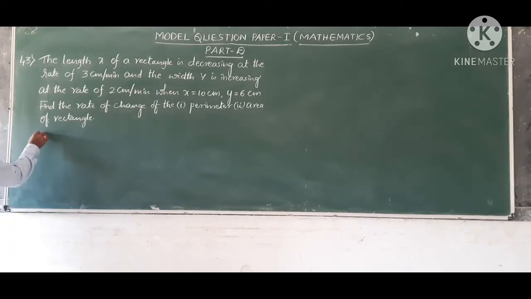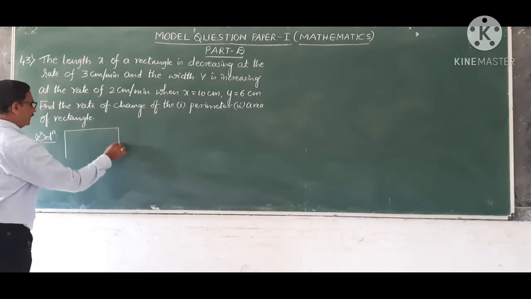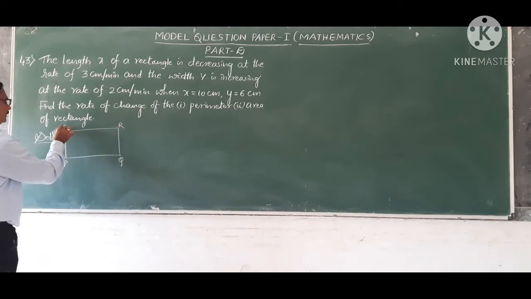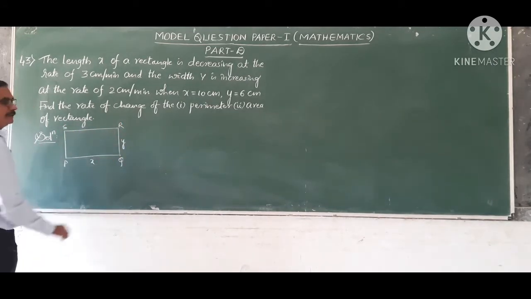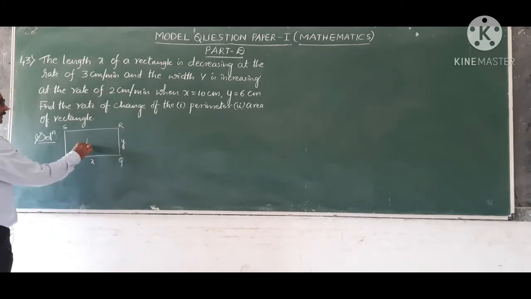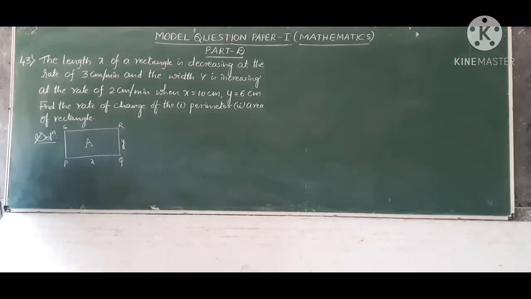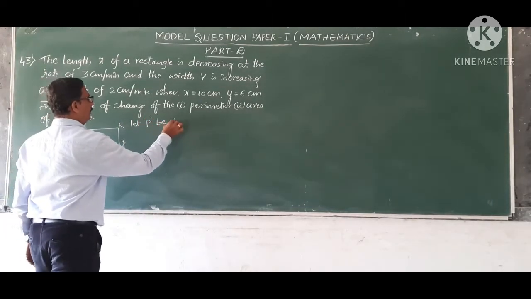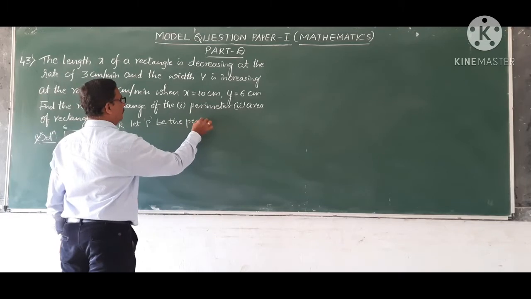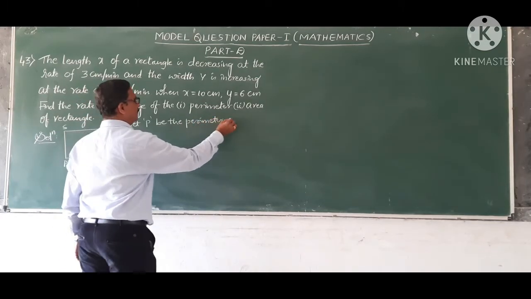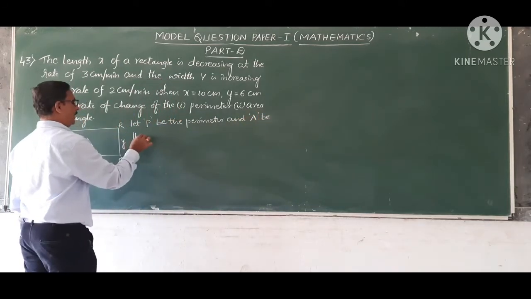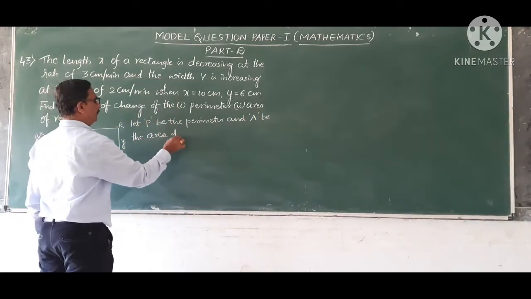Very simple question. Here PQRS is a rectangle. Let x and y be the length and width of the rectangle. Let P denote the perimeter and A be the area of the rectangle.